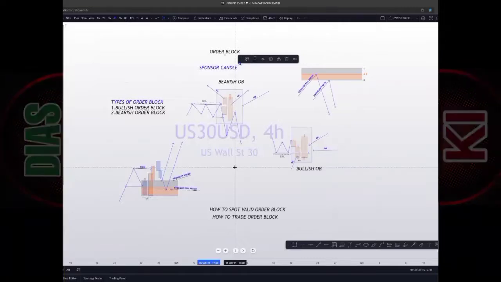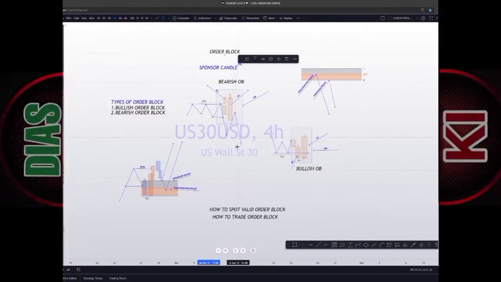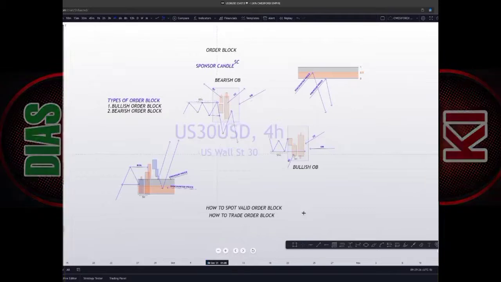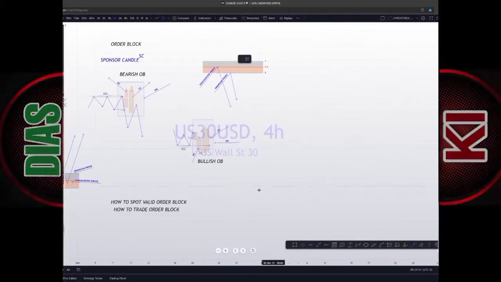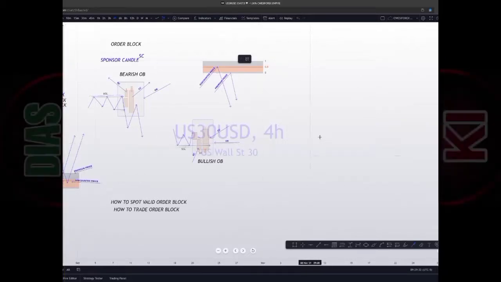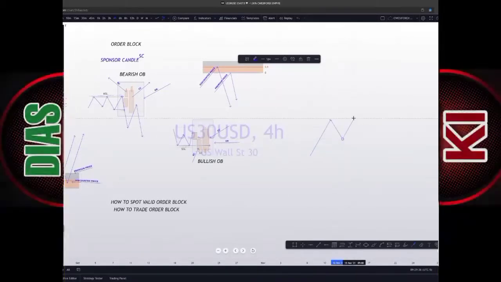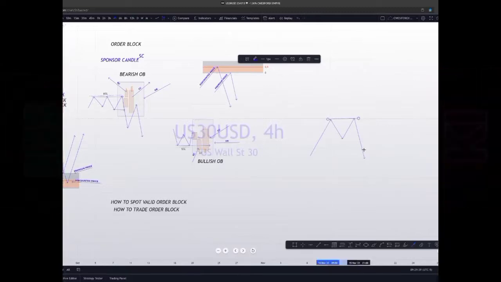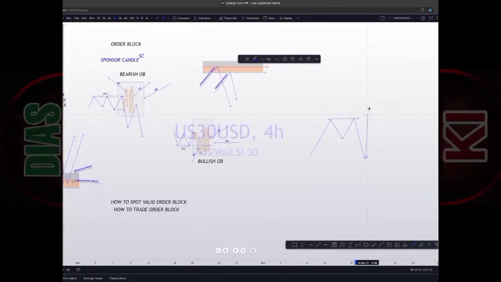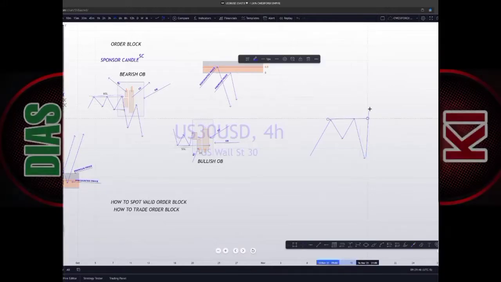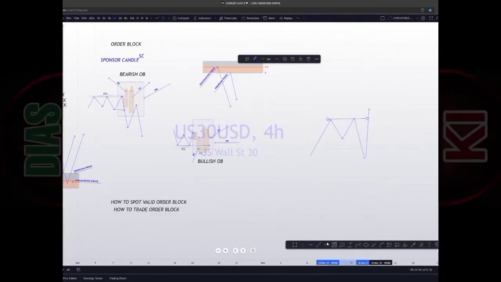And most of the time these moves should be breaking structures in the market. So what I basically mean is, if we have these equal highs over here and the market retraces to the upside, this candle over here which took out this liquidity to the upside should be a bullish candle.